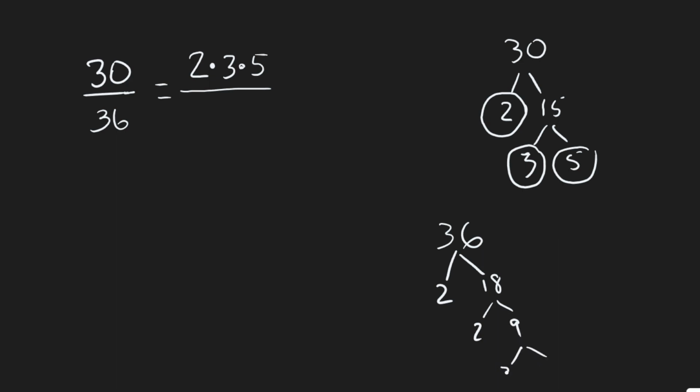And 9, we get 3 here and 3 there. So we get all those prime numbers here. And we circle them. Circle this one. Circle that one. Circle that one. These are the numbers we're going to use. So 36 can be factored as 2 times 2 times 3 times 3. We get 2 2's and 2 3's.